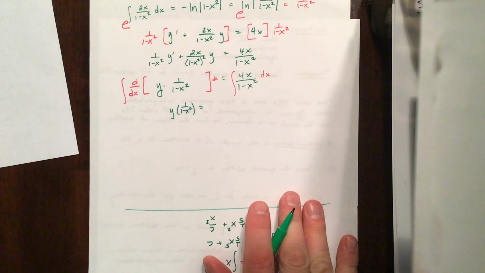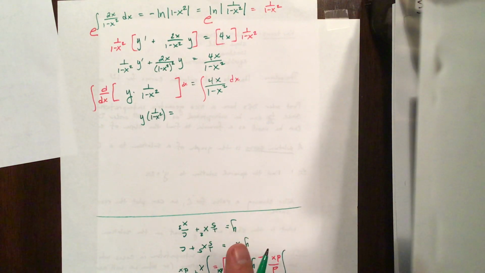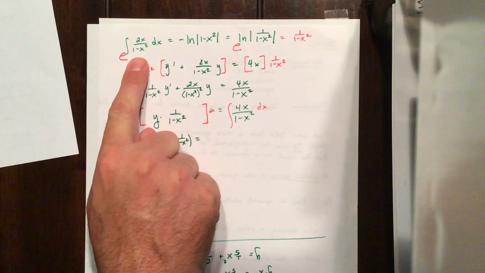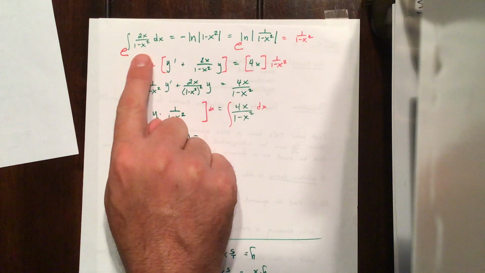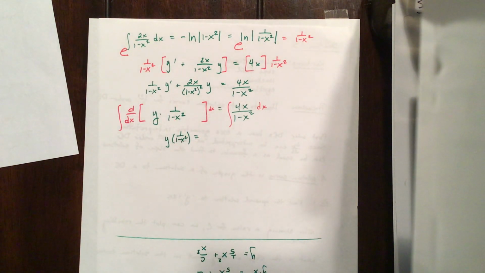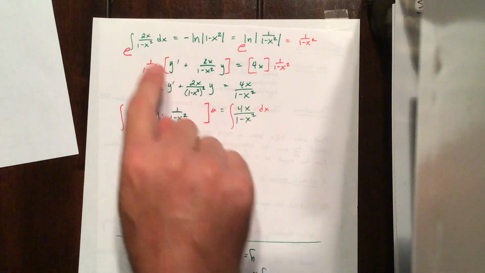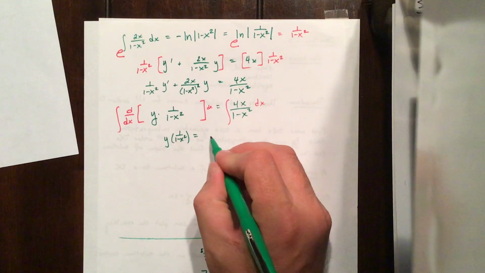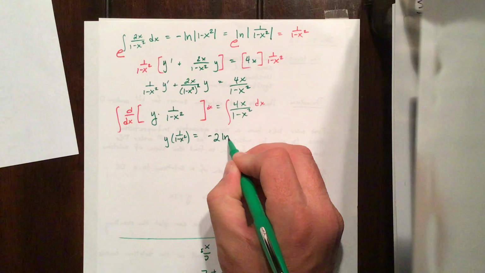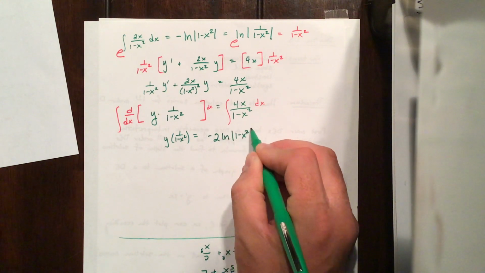On the right-hand side, it's kind of similar to what this was right here. This is 4x over 1 minus x squared. This is 2x over 1 minus x squared. So we're going to get the same answer, just multiplied by 2, because this integrand is twice as large as that integrand. So I don't even have to do the work over again. So that's really neat. I get this to be negative 2 natural log absolute value of 1 minus x squared plus c.